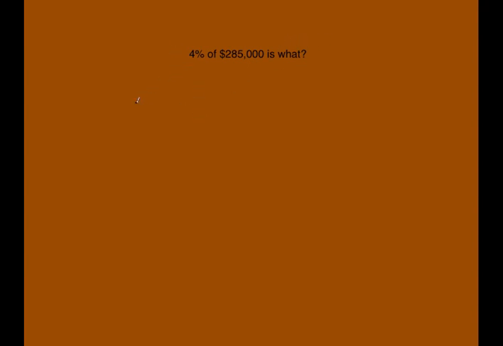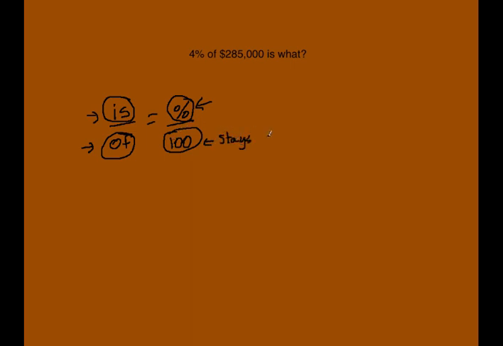One way that most people like is by writing down this equation: is over of equals percent over 100. What it means is that you're going to replace is by a number, of by a number if you can, percentage by a number if you can, and 100 always stays the same because it's already a number here. So this one always stays the same.